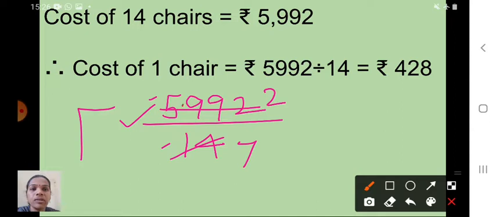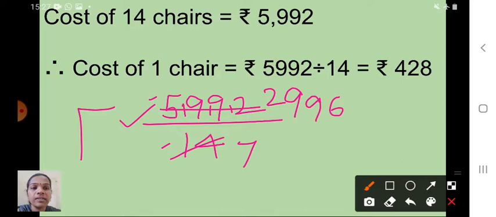Remainder is 1, so that 1 will go here, so 19. How many 2s? 9 2s are 18. Remainder is 1, so it becomes 19. In 19, how many 2s? Again 9. Remainder 1, so it becomes 12. In 12, how many 2s are there? 6 2s are there.